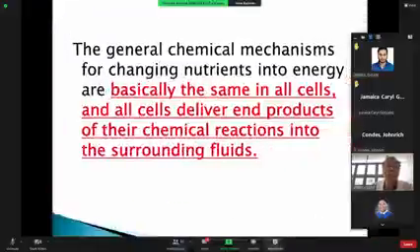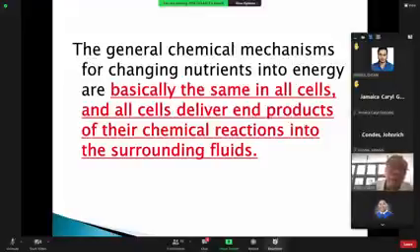So the general chemical mechanisms for changing nutrients from food to energy, all the food like carbohydrates, proteins, fatty acids, are converted into energy. Basically, it is all the same in all cells. So the production of energy in the brain is the same mechanism as in all the cells of our body, including our skin, our muscles, the heart muscles, the lung muscles.